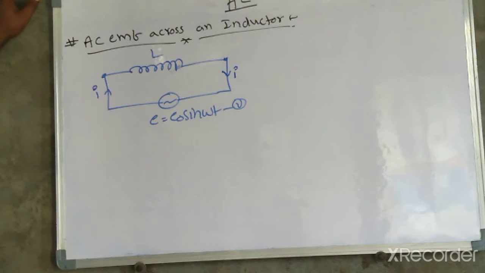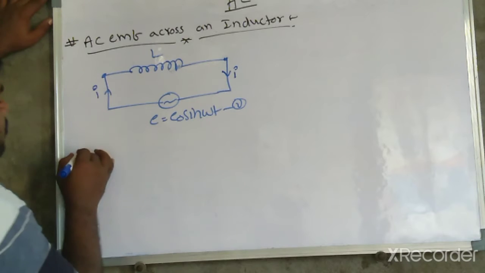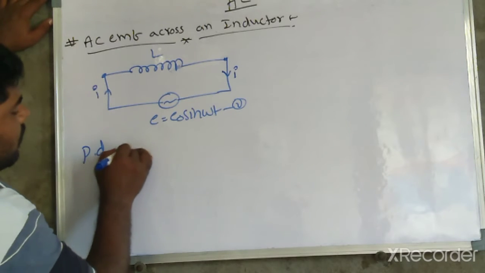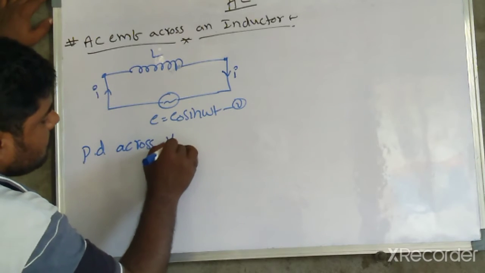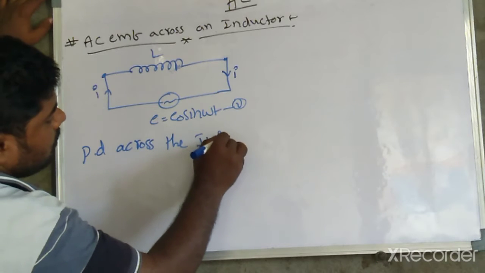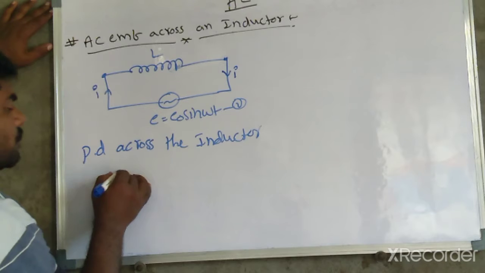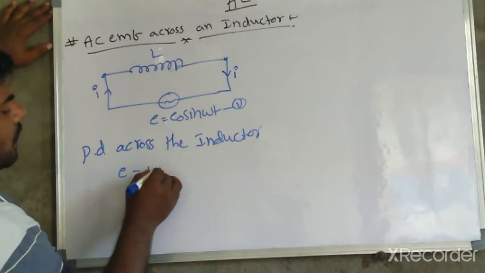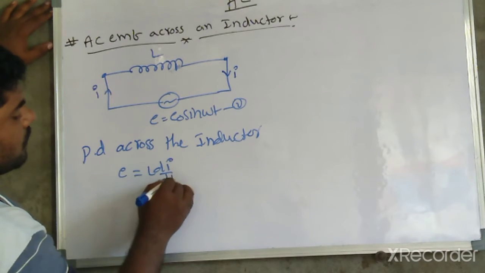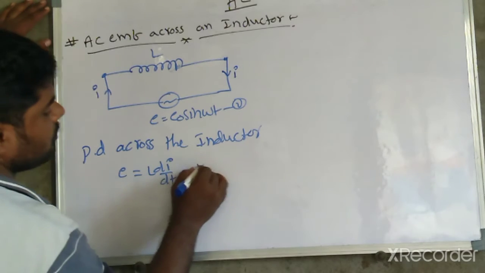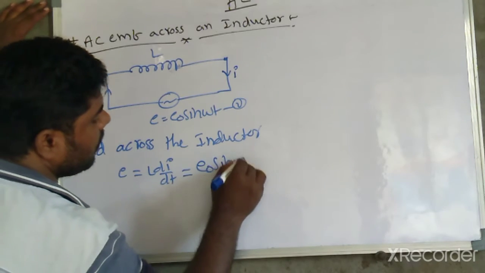Here I am going to write the potential difference across the inductor. So E is equal to L into di by dt, and E is nothing but E naught sine omega t.